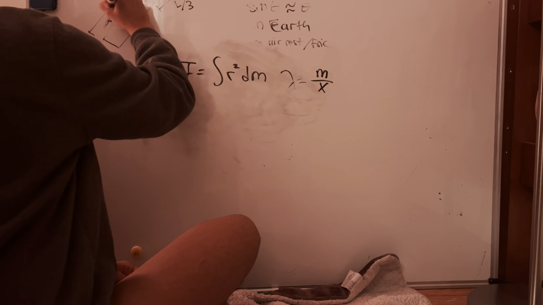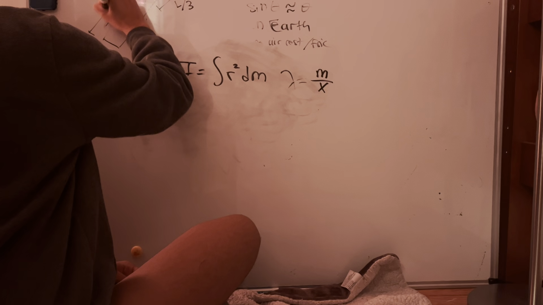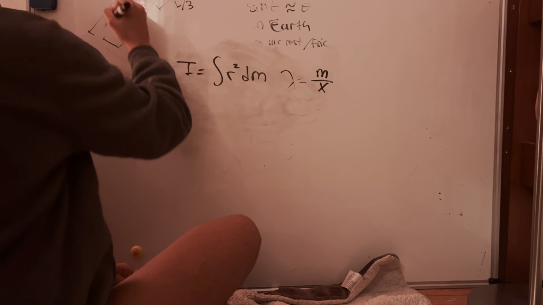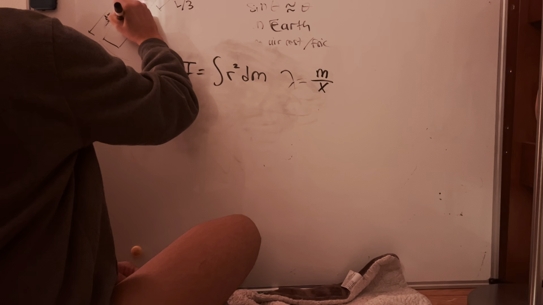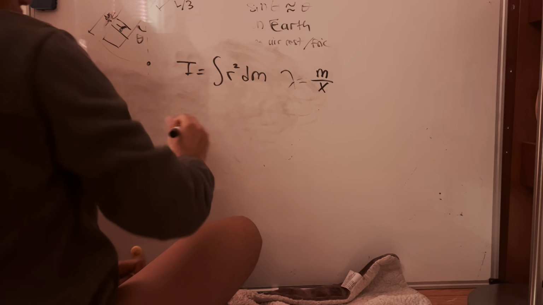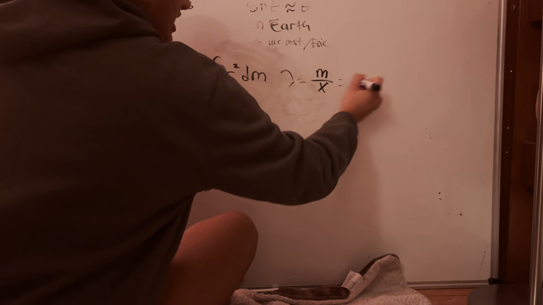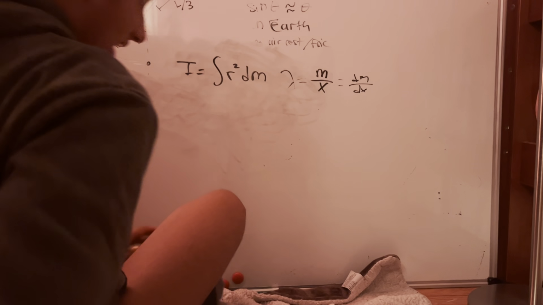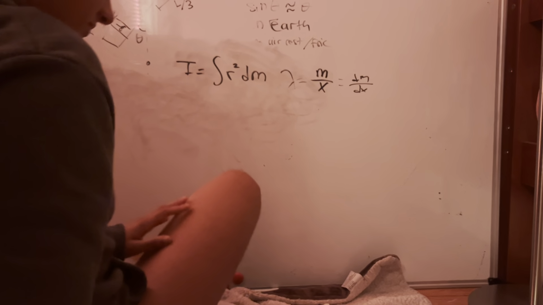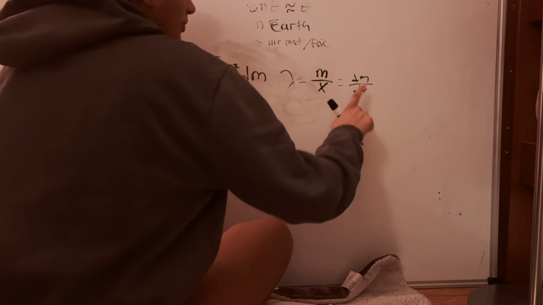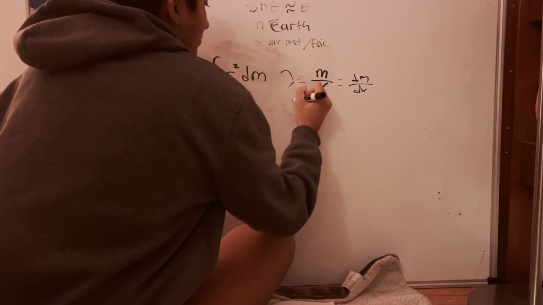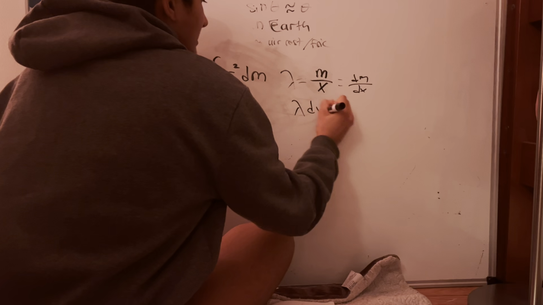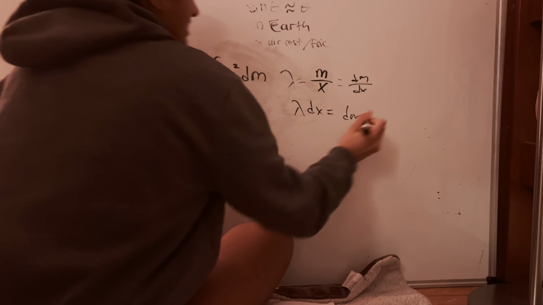Each distance will have a length dx, and each little dx will have a value of dm. And so we can say that lambda is equal to dm over dx. Solving for dm, we get lambda dx is equal to dm.